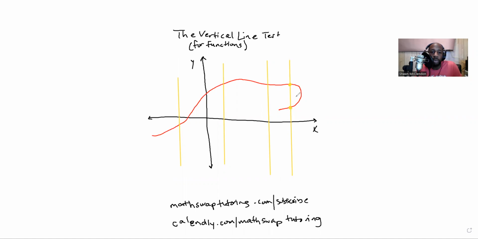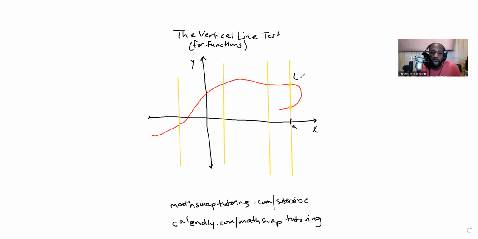Say, for example, right here you have this point. Hold on a second, let me get my black marker here. So this is x equals a. So this is a right here.